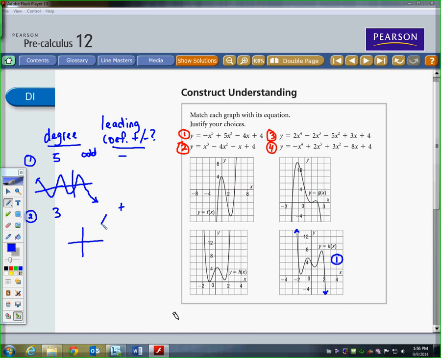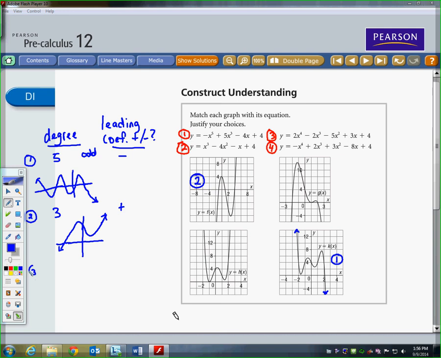And then since it's cubic, it'll have a maximum of 2 turning points, or sort of 3 arms. So 1, 2, 3 arms. Okay, so maybe something like that. And who knows where the local maximums or minimums are. Is there a graph that looks like this? Yes, this one looks like that. So this is a good candidate for number 2.